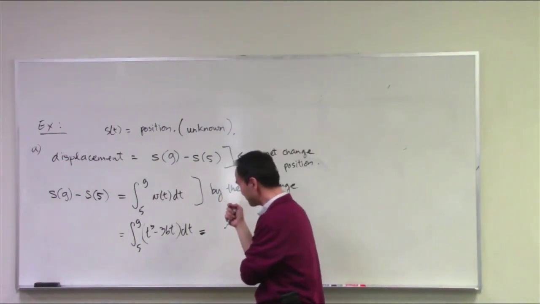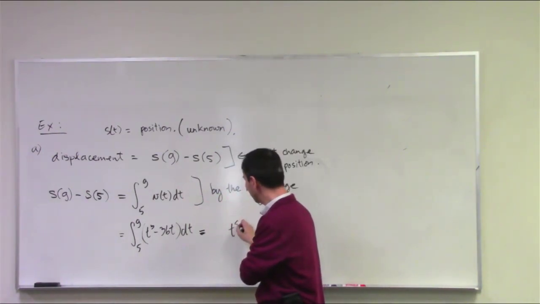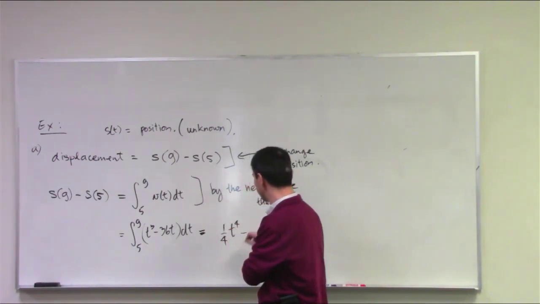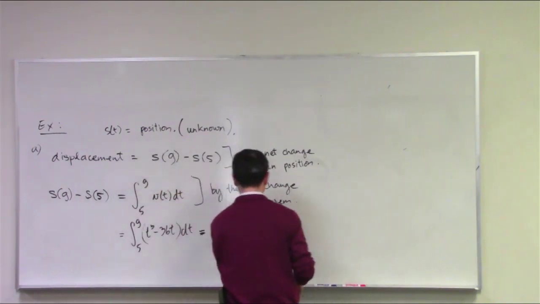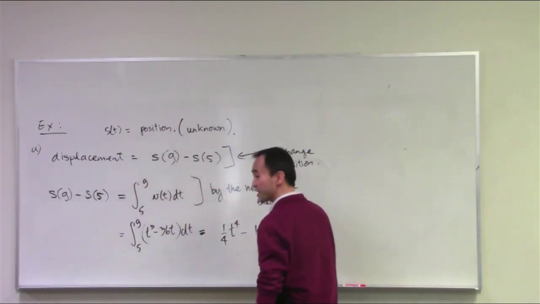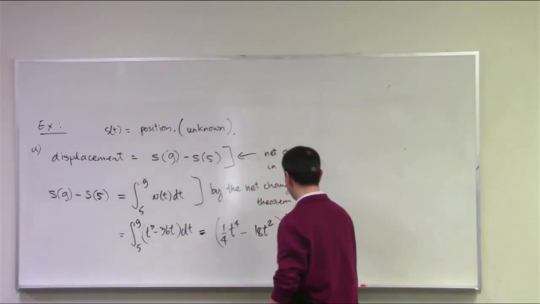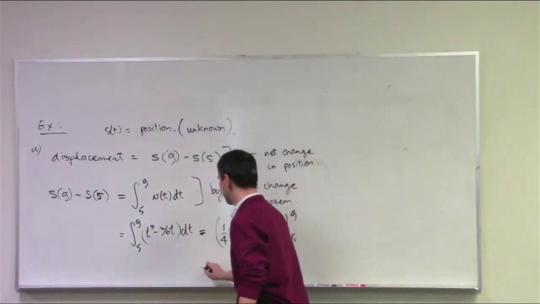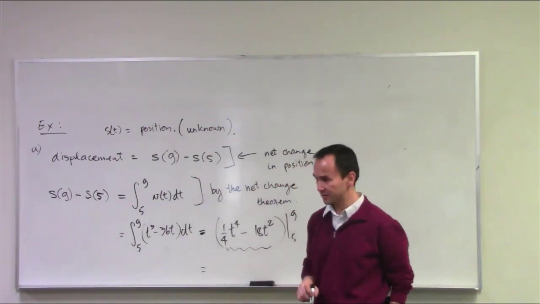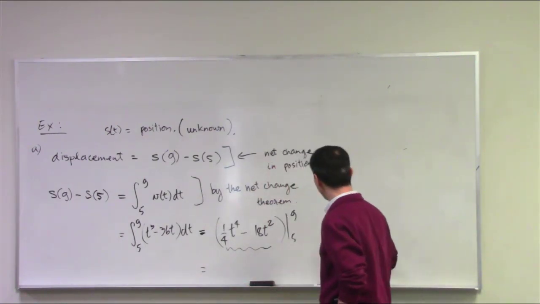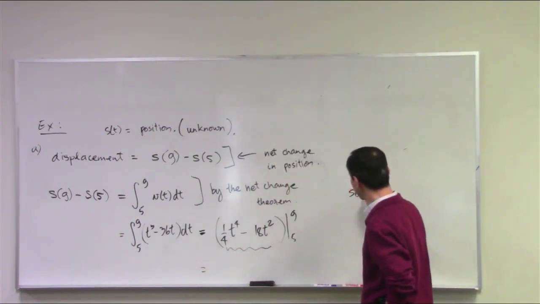Okay. So now that goes t to the fourth times 1/4 minus 18t squared, and we're evaluating from 5 to 9. Like I said, right now we got the antiderivative, but somebody may ask, how come you don't find the position function by setting it equal to this?